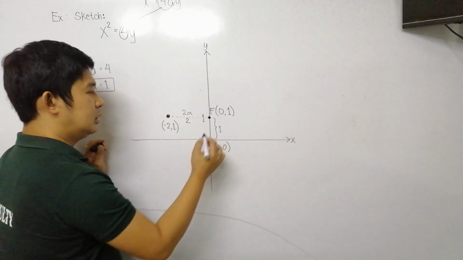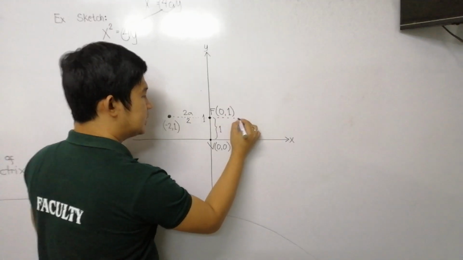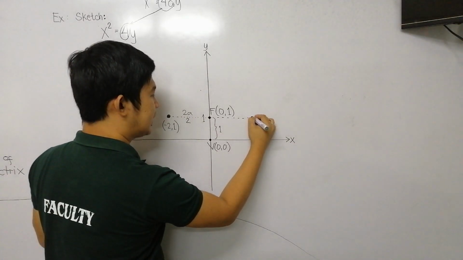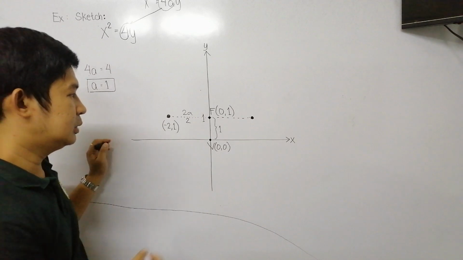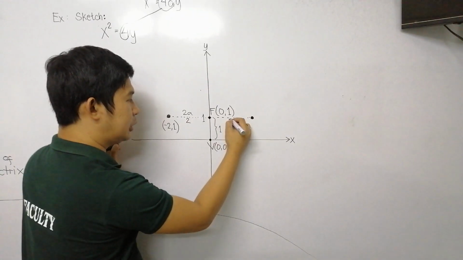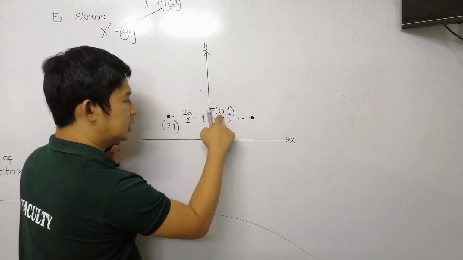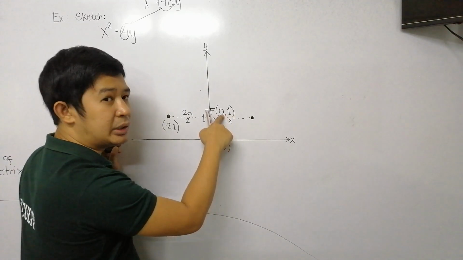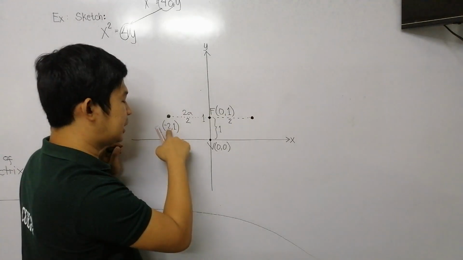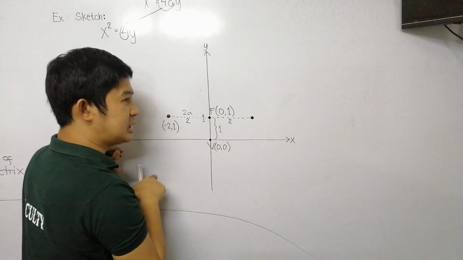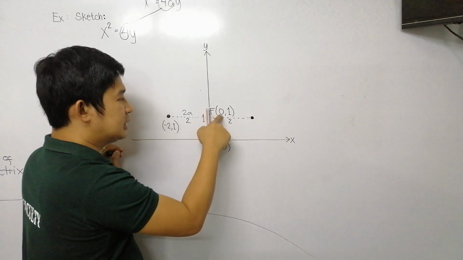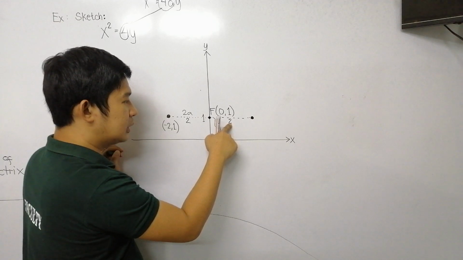Now, sa coordinate naman sa right side ng latus rectum or right endpoint ng latus rectum, we move again 2a or 2 units. 0, 1, magdadagdag tayo ngayon ng 2 instead of magsosubtract ng 2 dahil ito kanina sa left. Ngayon naman, pagpunta sa right, positive. So magpa-plus. 0 plus 2, that is 2.